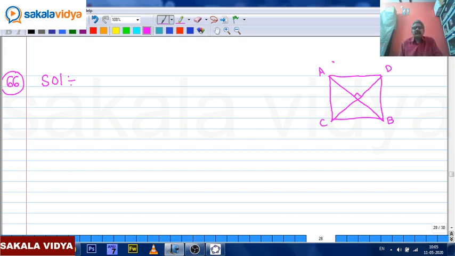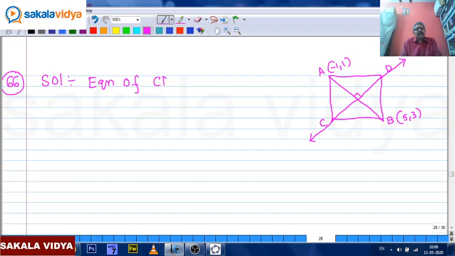A is (-1, 1), and the B coordinates are given as (5, 3). First step is we need to find the equation of CD. CD is the perpendicular bisector of AB. Understood now? So first, the equation of CD.